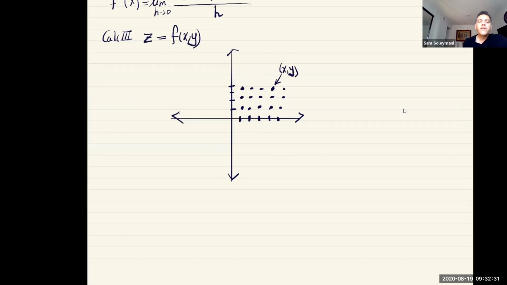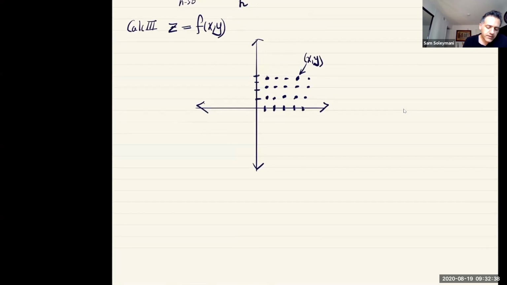So (x, y) tells you the location of the pixel, and then z is the grayscale, or color intensity.